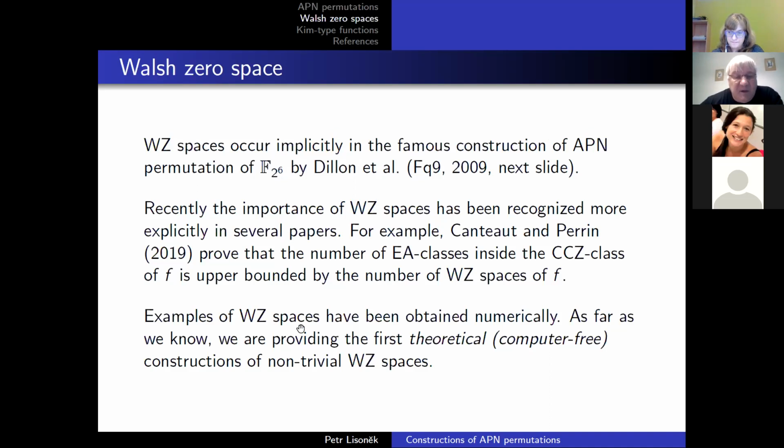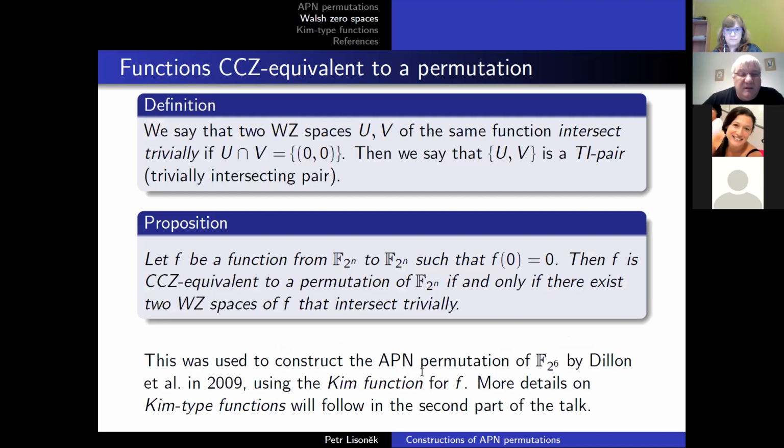And as far as I know, in this work, we are providing the first, I would say, pen and paper, so computer-free, constructions of non-trivial Walsh zero spaces. There are always some trivial ones. We'll get to that shortly.